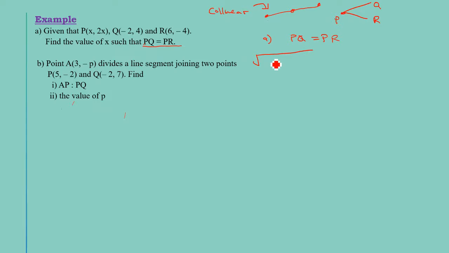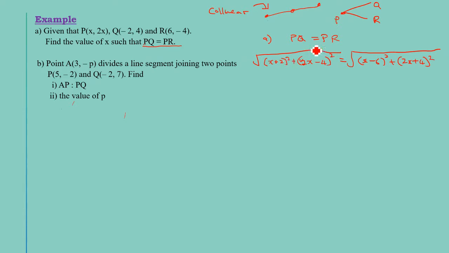So PQ, we have x minus 2 squared, and this minus becomes plus because Q is -2, squared. For y, here we are using 2x because your y coordinate is given as 2x, minus 4 squared, equals to PR, same thing, x minus 6 squared plus 2x, minus becomes plus 4 squared.